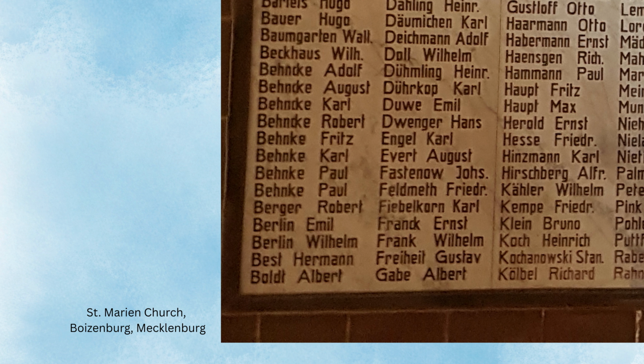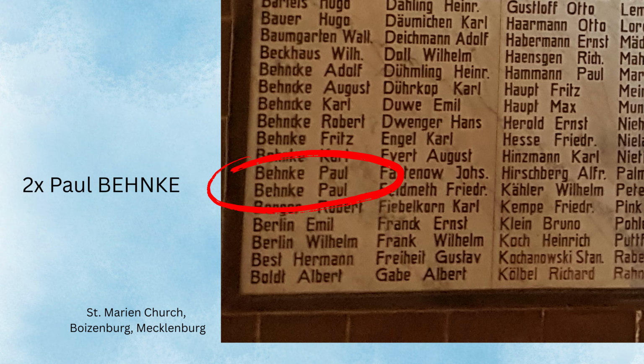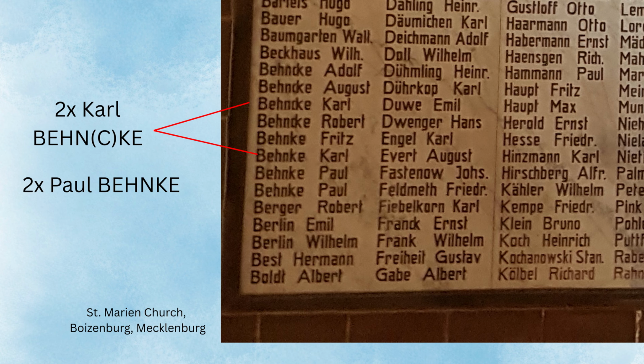As you can see, there were many men with the surname Behnke, sometimes spelled with a C, sometimes without it. And you can also see that 2 men named Paul Behnke are listed here. They were probably not brothers, but quite possibly cousins. And there were even 2 Karl Behnkes as well, despite the slight variation in spelling.